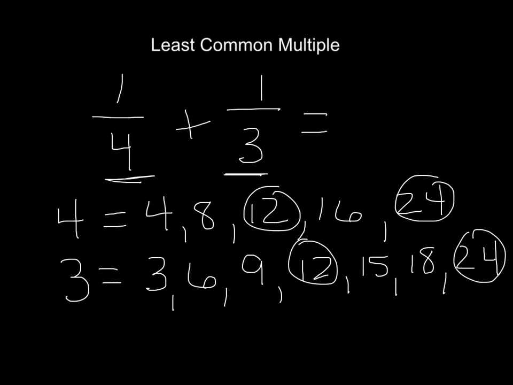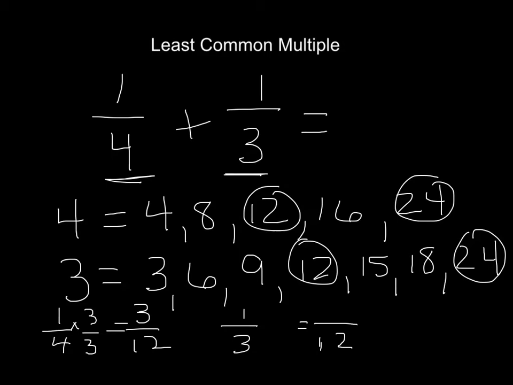Okay, so in order to take 1/4 and get a multiple of 12 on the bottom, what do I need to do? I need to multiply. So 3 times 4 is 12, and whatever I do on the bottom I have to do on the top. So 3 times 4 is 12, and 1 times 3 is 3. And over here I have 1/3. And again, I want to get a fraction with a denominator of 12.